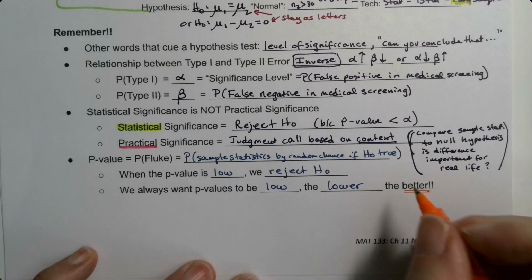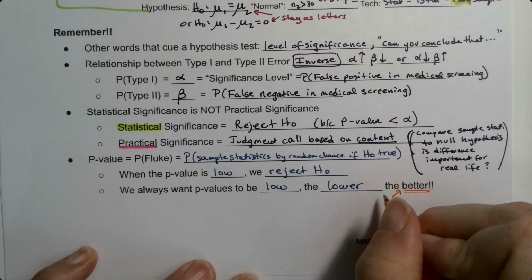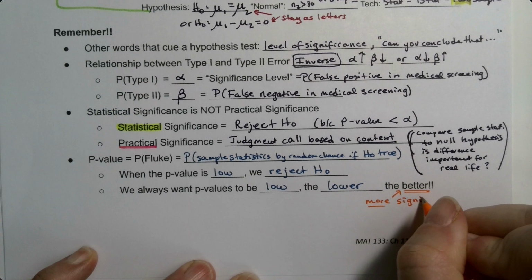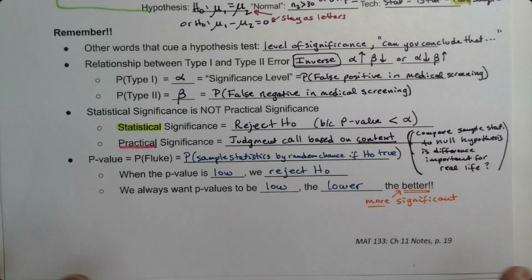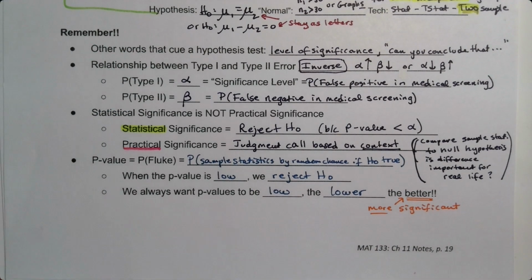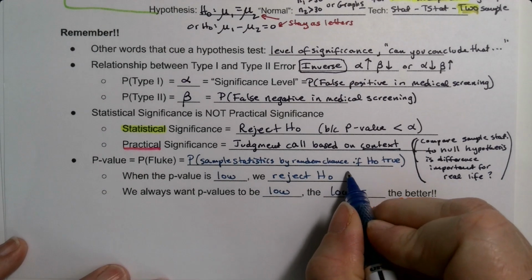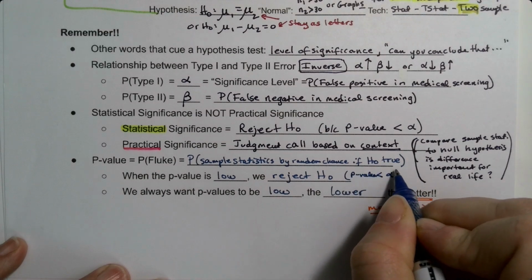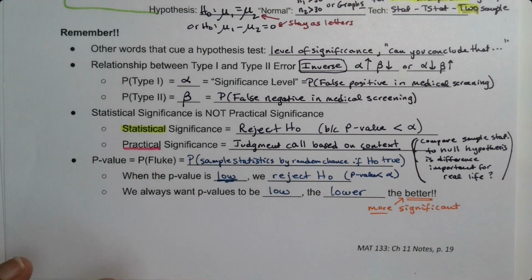So I should have probably written that differently. So that means more significant. If your p-value is lower, it is more significant. It is better because you're trying to reject the null hypothesis. And by low, what do we mean? We mean the p-value lower than the alpha. That's what low means.